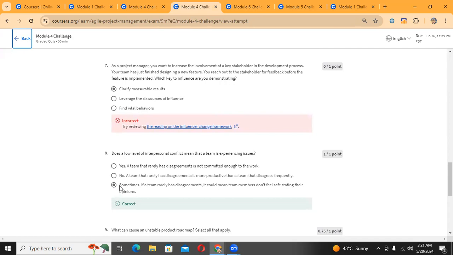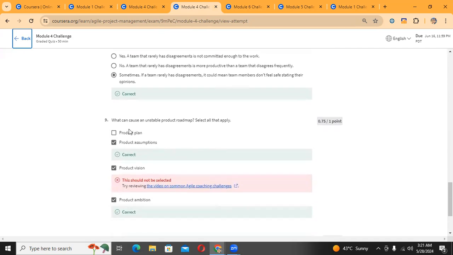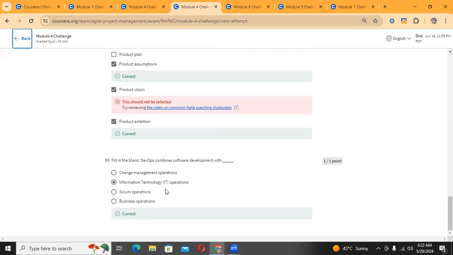Then from the eighth, C is the right option. From the ninth question, product assumptions and the product ambition is the right option, because unrealistic and overly ambitious goals can lead to instability in the product roadmap. In the 10th question, the answer is IT operations.